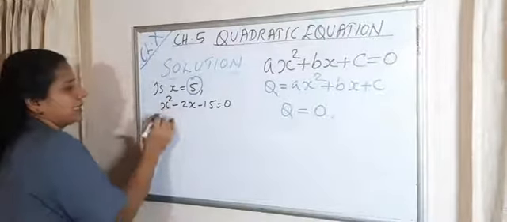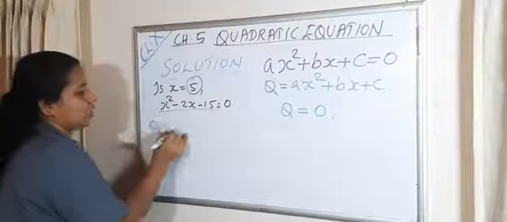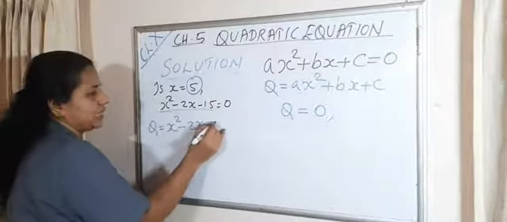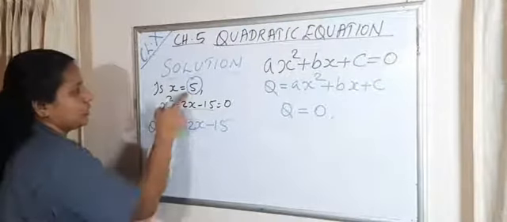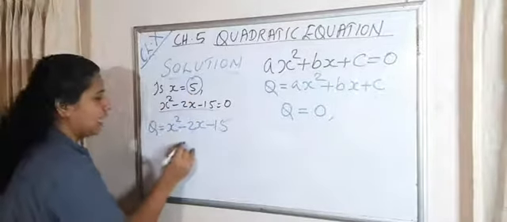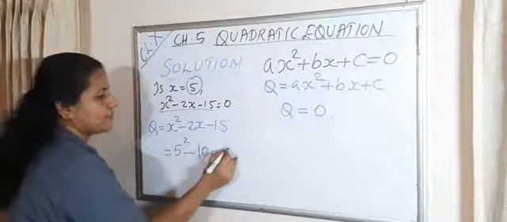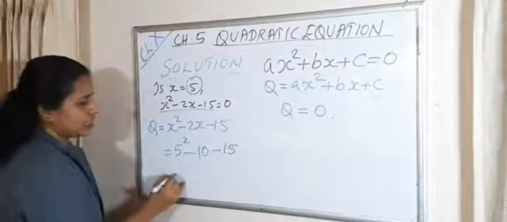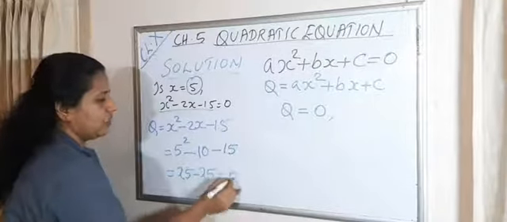Okay, so look at here, x is equal to 5. Then I am taking this as q, that is q equal to x square minus 2x minus 15. Substituting x as 5, that is 5 square minus 2 into 5 is 10, minus 15. That is equal to 25 minus 25. Look at here.